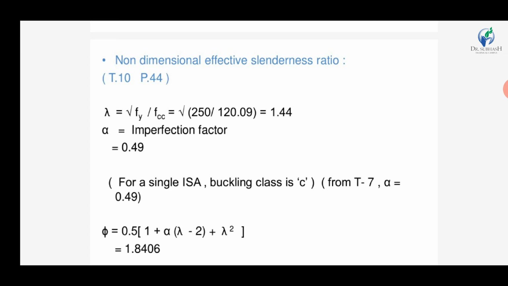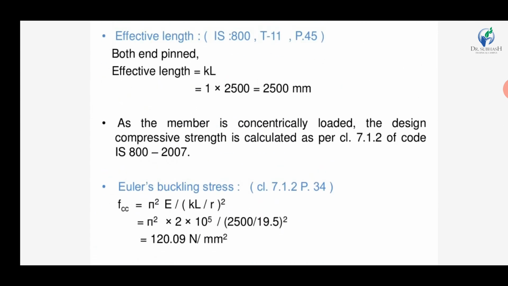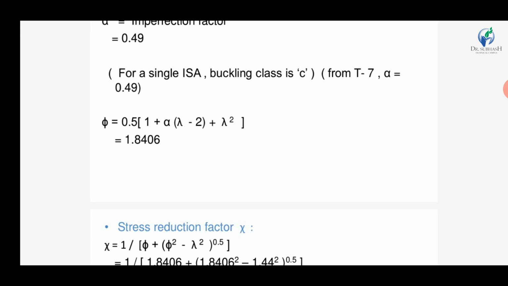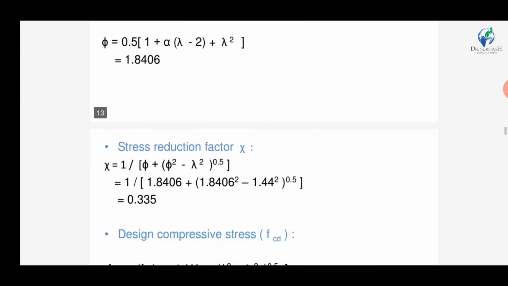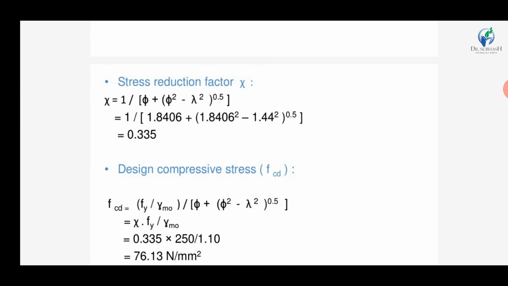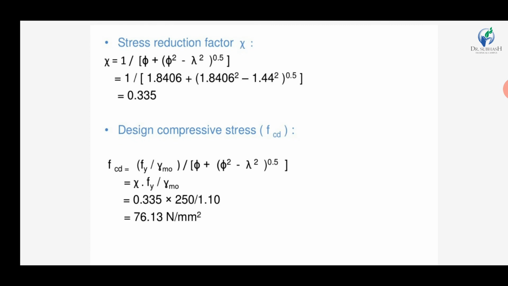Now from lambda and alpha we can find phi. Phi is also given in clause number 7.1.2, and the equation is given in the same clause in IS 800. Then find X, the stress reduction factor. After finding the stress reduction factor, we find the design compressive stress, denoted by FCD.